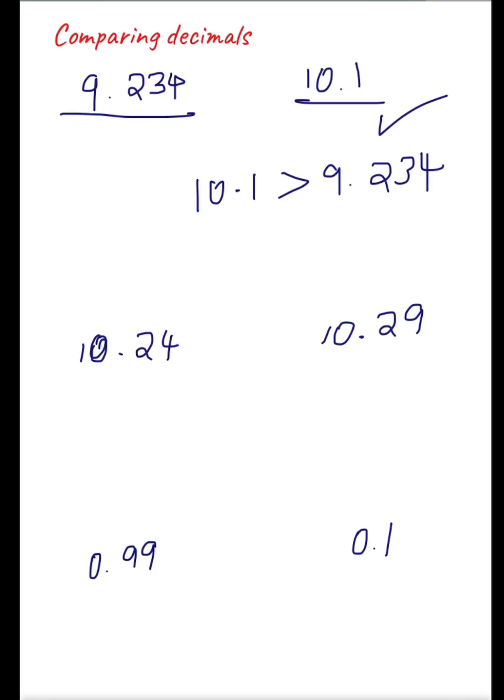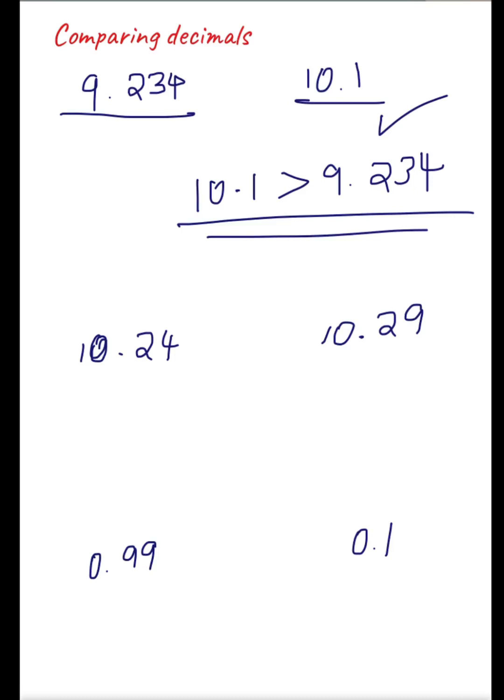Okay, in the decimal part, actually this 234 is greater than 1, but you have to compare the whole number part first. Okay, so in the whole number case, 10.1 is greater than 9.234. Okay, so this will be the answer.